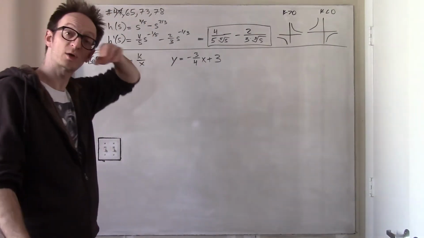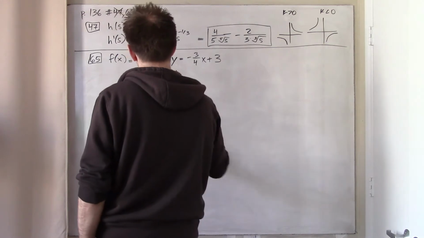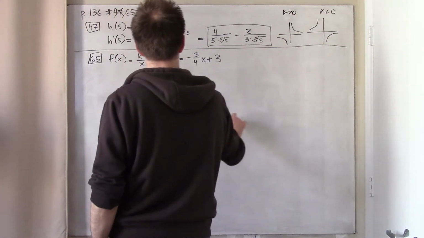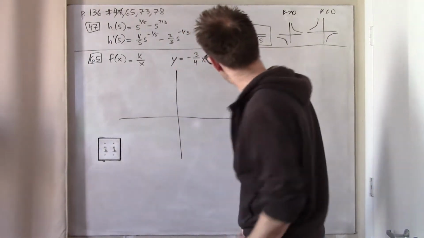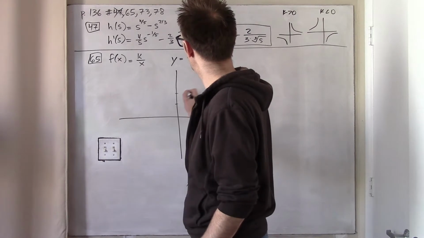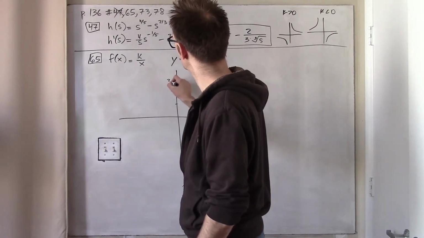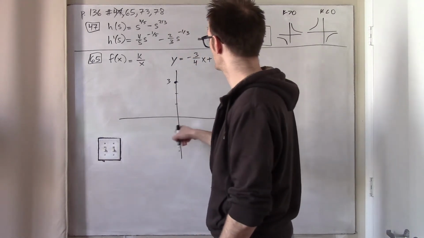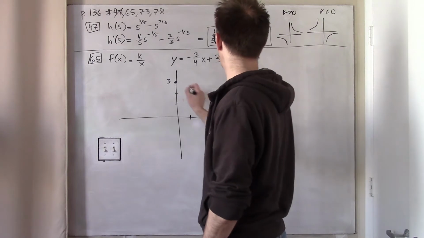So maybe I'll start with graphing the line, and then maybe I can figure out whether k is positive or negative. I haven't done this problem recently, so I forget what a good scale is, but I'll just figure it out. If this is the line, negative 3/4 x, then here's 3, and if the slope is negative 3/4, then I'm going to go down 3 over 4.